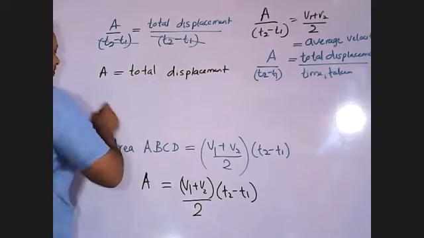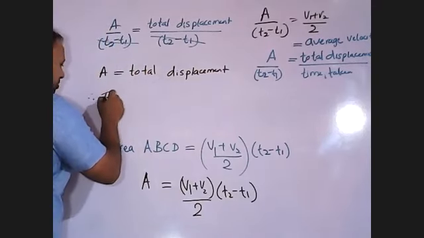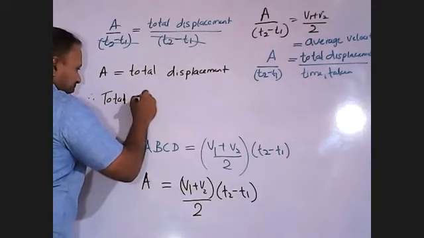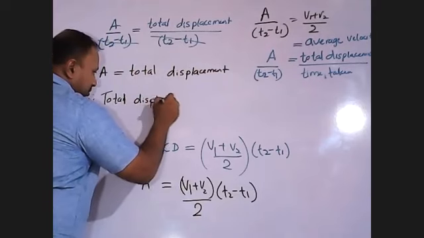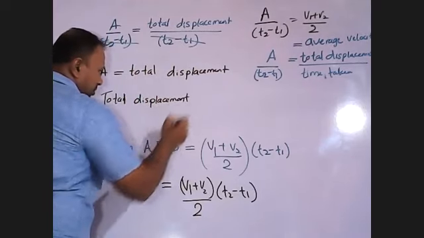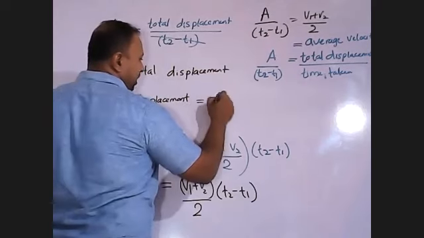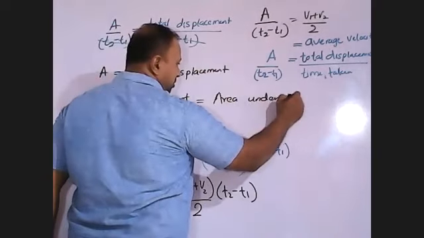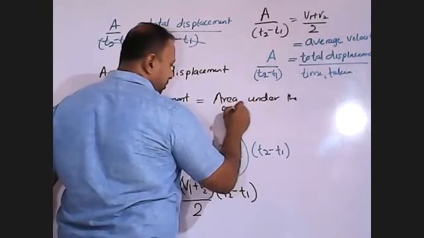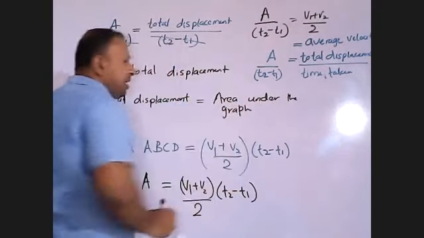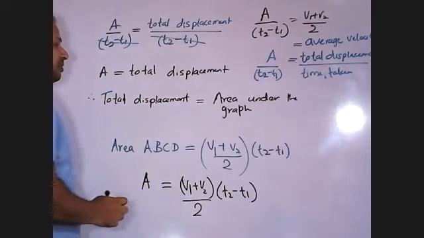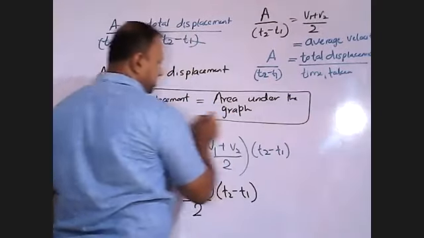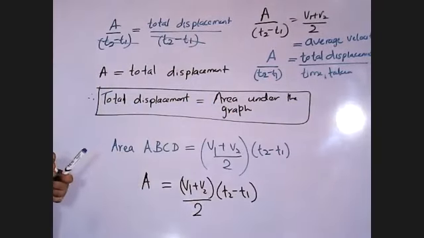That is very important. Therefore, total displacement is equal to the area under the graph. The area under the graph represents the total displacement.